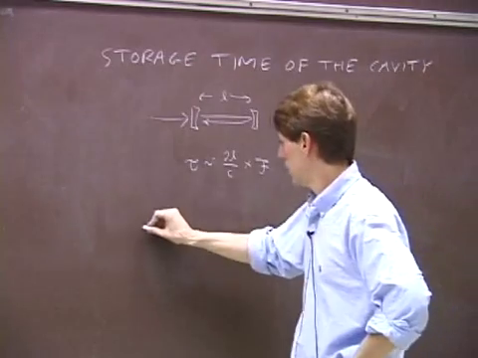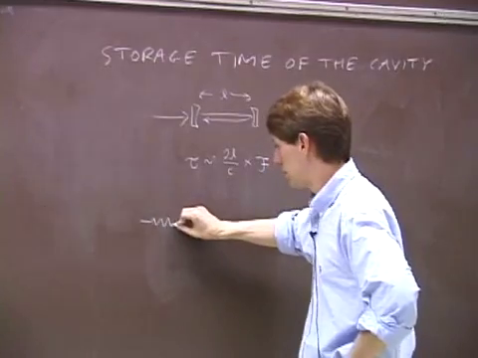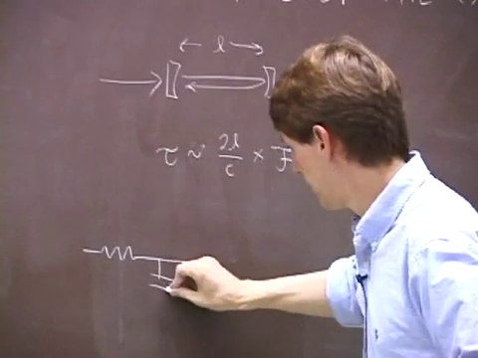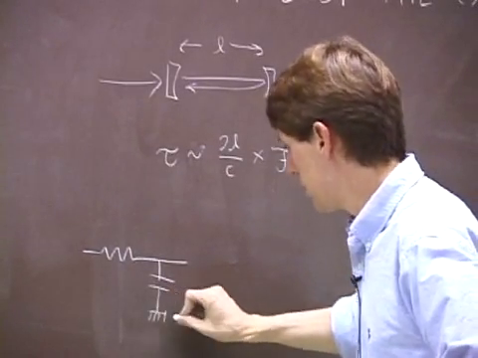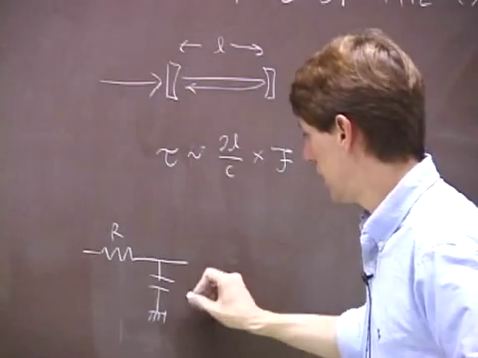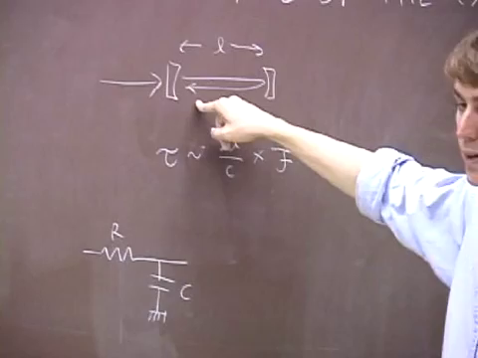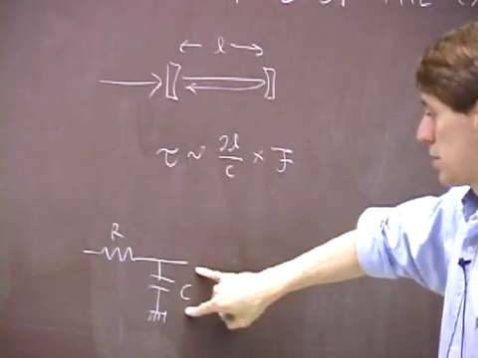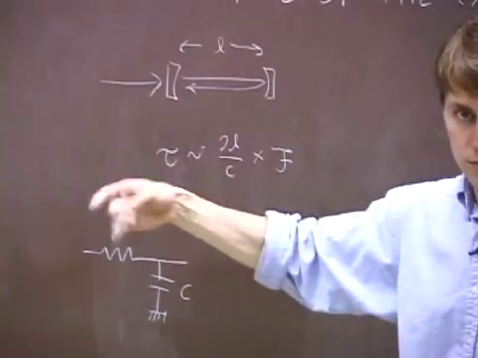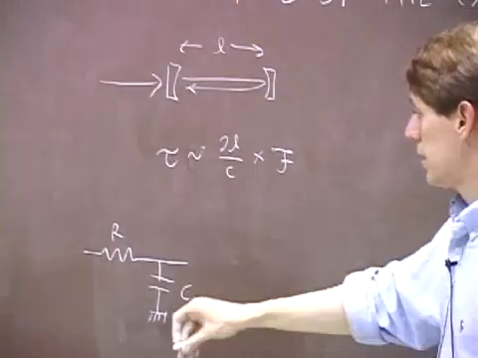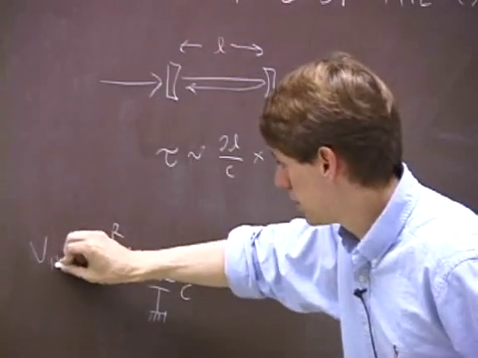In elementary circuits, some of you may be familiar with this, some of you may not, there's a similar effect that goes on in an RC circuit. Just like it takes time to charge up the cavity with light, it takes time to charge up a capacitor with electric charge.